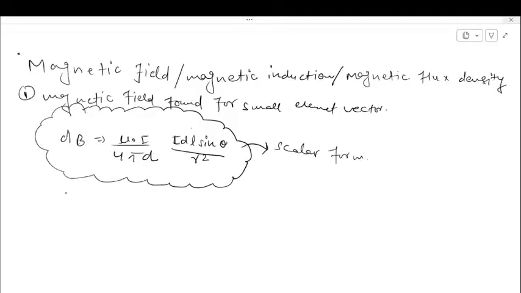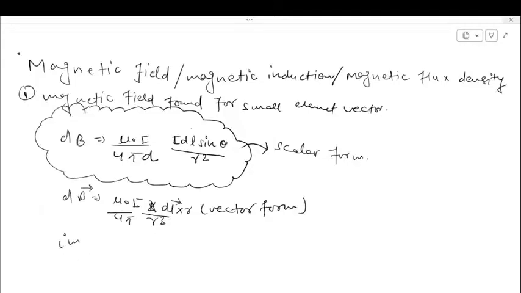If you want to write the vector form, then dB is equal to mu naught I upon 4 pi, I dl cross r upon r cube. This is the vector form.